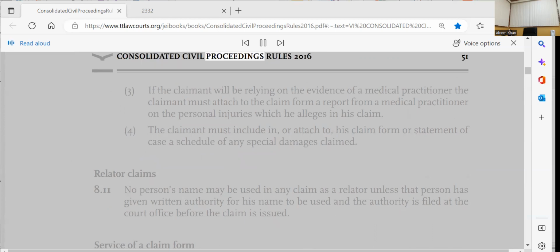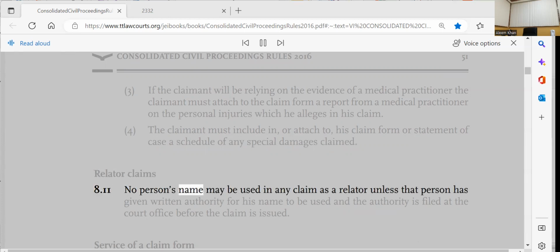Consolidated Civil Proceedings Rules 2016-51. 3. If the claimant will be relying on the evidence of a medical practitioner, the claimant must attach to the claim form a report from a medical practitioner on the personal injuries which he alleges in his claim. 4. The claimant must include in, or attach to, his claim form or statement of case a schedule of any special damages claimed.